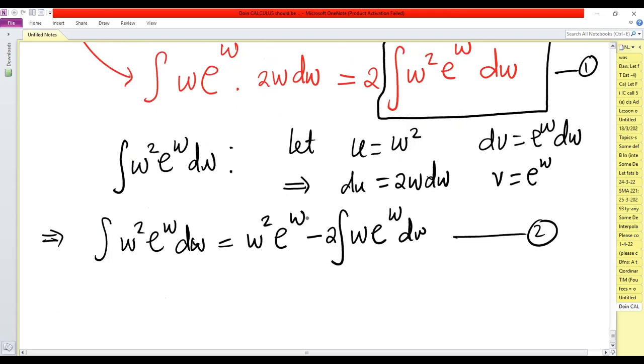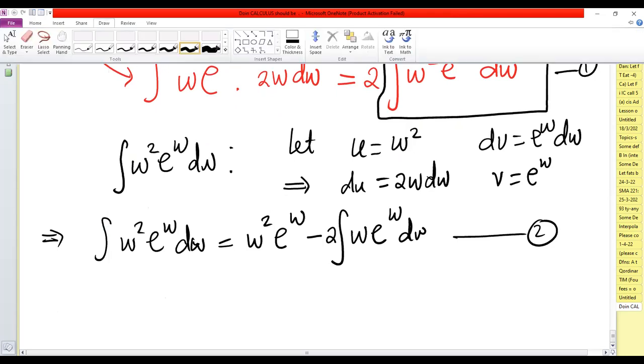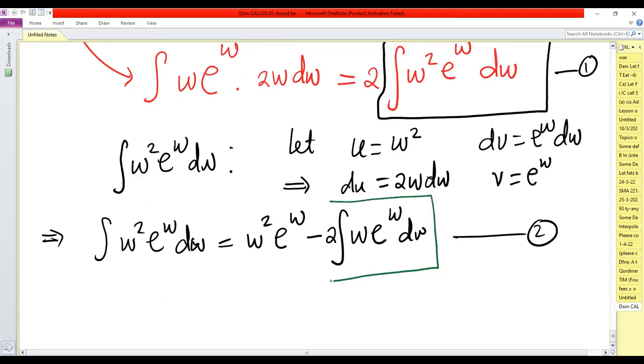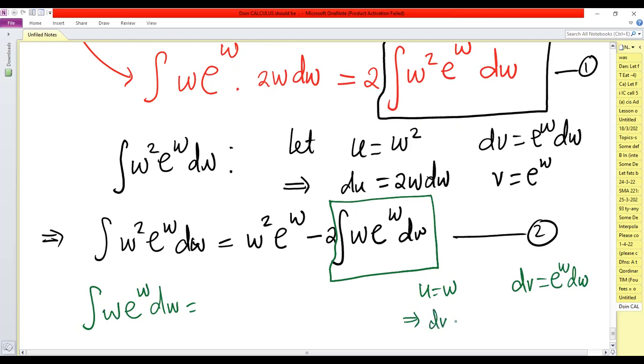Now in these two, this is also another integral that requires application of integration by parts. So the integral of w e raised power w dw will be given by, so also let u to be w and dv to be e raised power w dw. So which means du is the same as dw and v is the same as e raised power w.